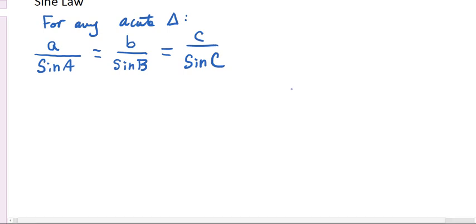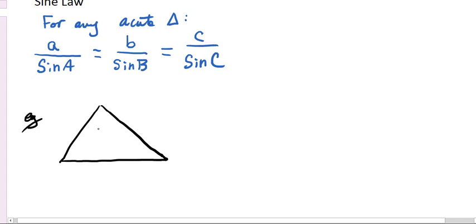All right, so let's do an example here. Let's say I have an acute triangle, and I have an angle here of 52 degrees. This side length is, let's say, 8.5 centimeters.